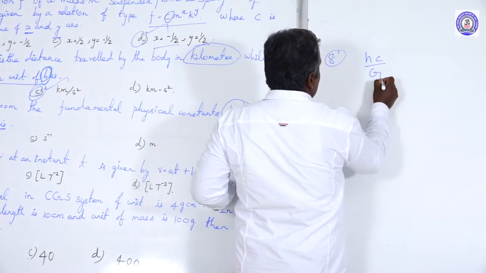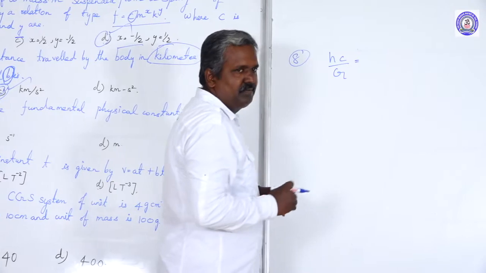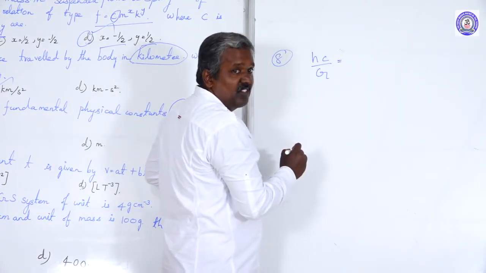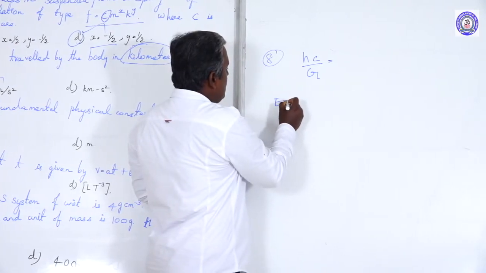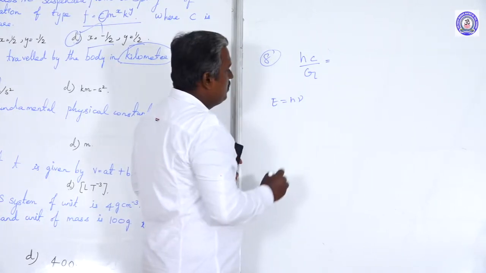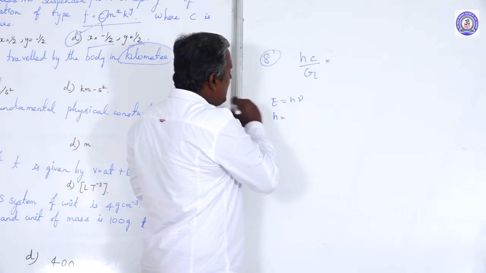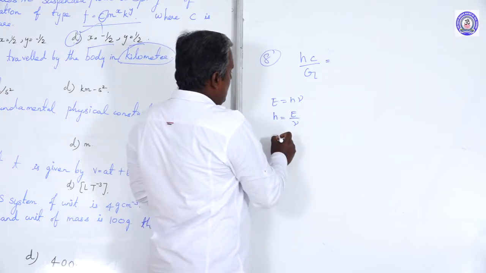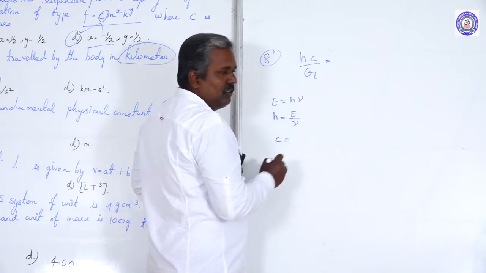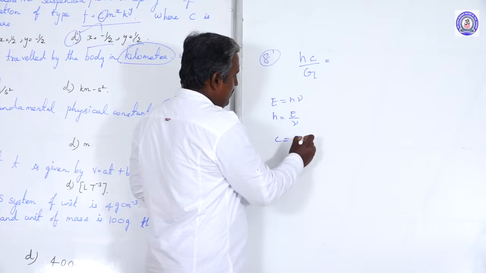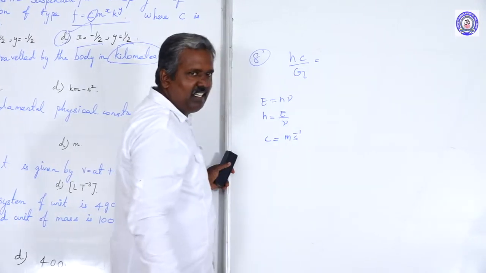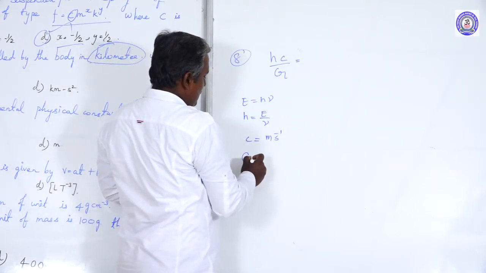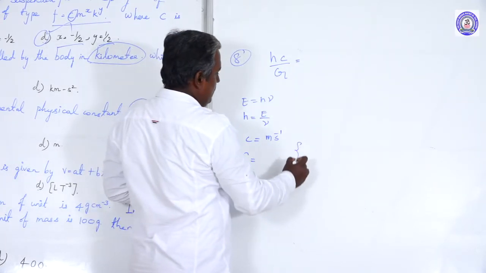hc by G. Very simple this. h, Planck's constant, general formula is E equal to h nu. So h is equal to E by nu. Clear? C, velocity, so meter per second, correct? Unit. G, universal gravitational constant.